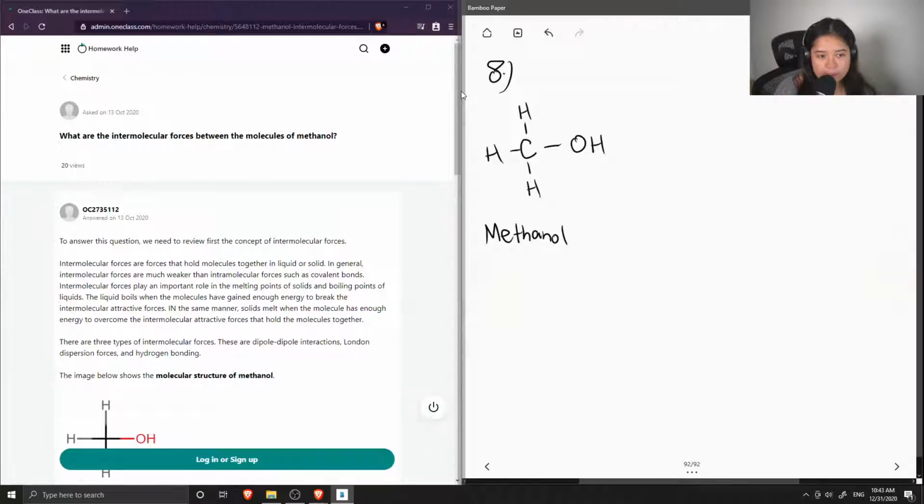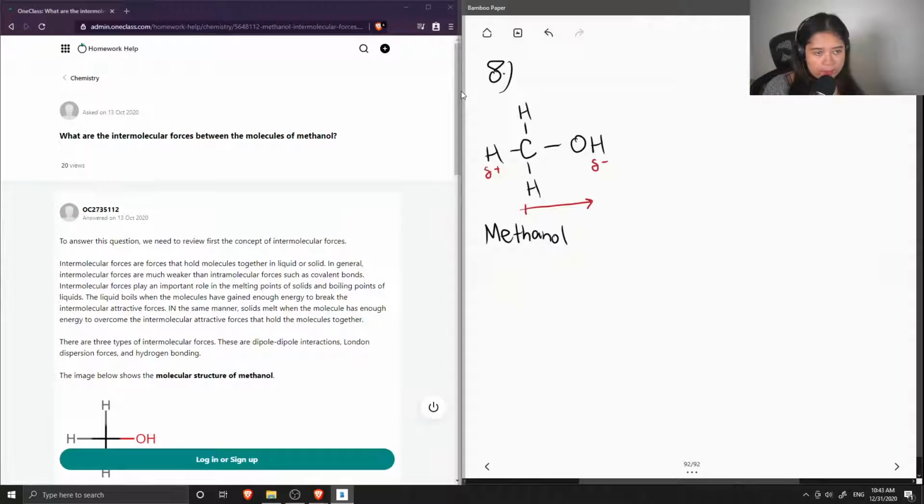So we can draw a dipole moment going towards the direction of the oxygen since it is more electronegative. It tends to pull the electrons more strongly than our carbon atom. So because of this uneven sharing of electrons, the methanol molecule contains a partially negative side in the direction of the alcohol group and a partially positive side.